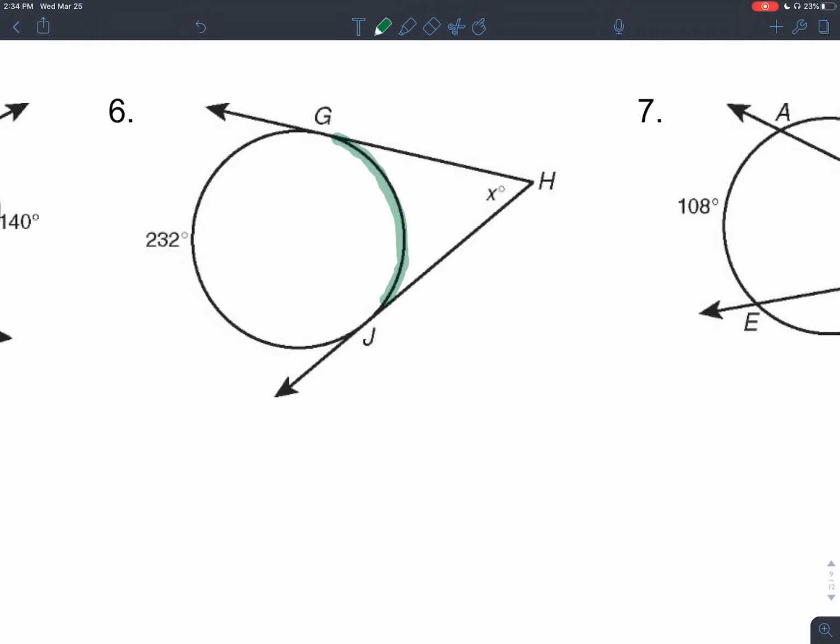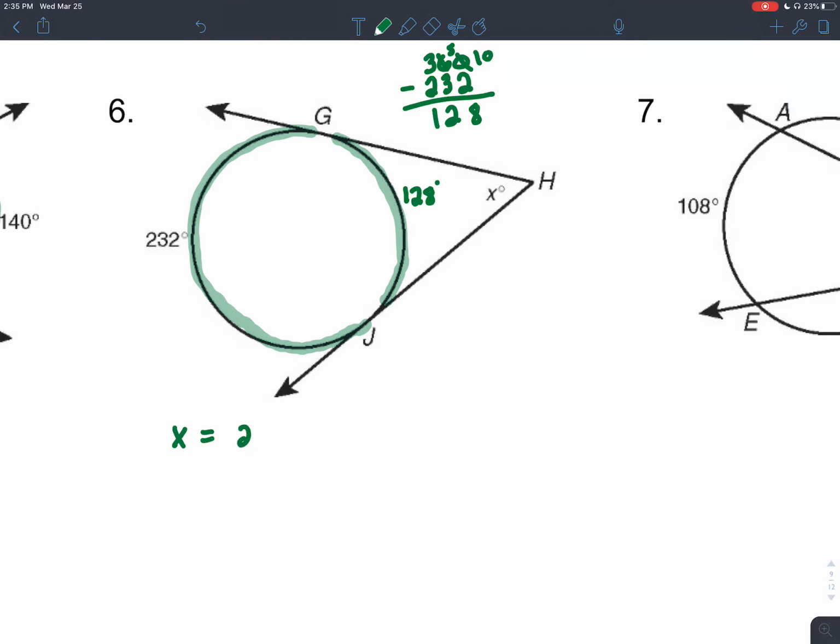If the other arc, this one out here, is 232 degrees, and we're actually looking at the entire circle right here, we can do 360 minus 232, and we can get 128 as our other arc. Okay, so that value x is again going to be the difference between those two arcs.